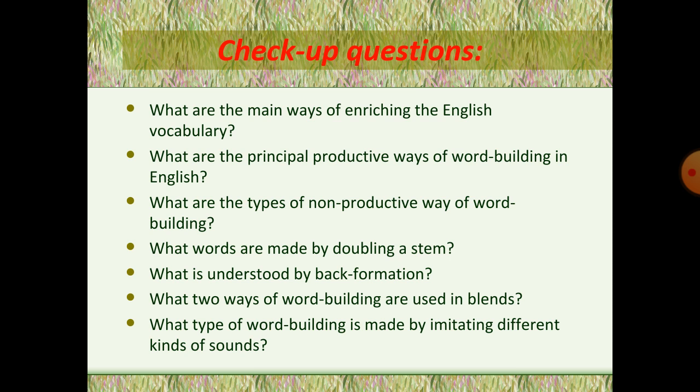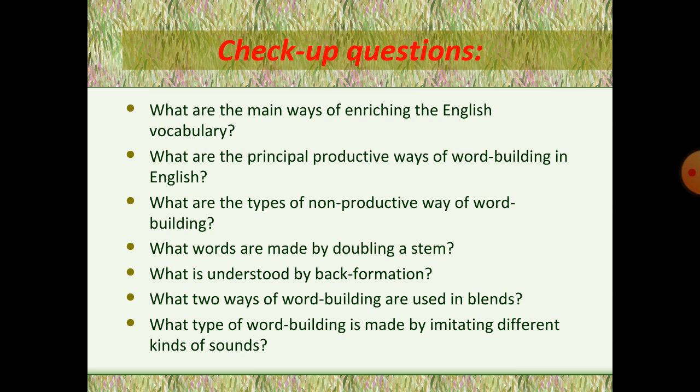Now be ready to answer the following questions. The first question: what are the main ways of enriching the English vocabulary? What are the principal productive ways of word building in English?